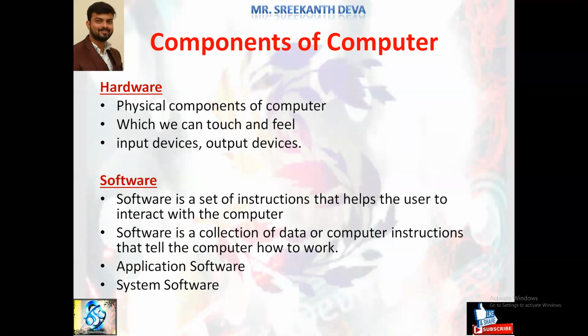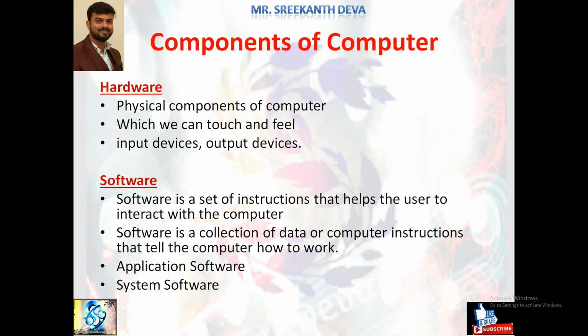If I want to develop my own applications, then we go with customized software. Again it is categorized by different types of programming languages, like procedural oriented programming language and non-procedural oriented programming language.